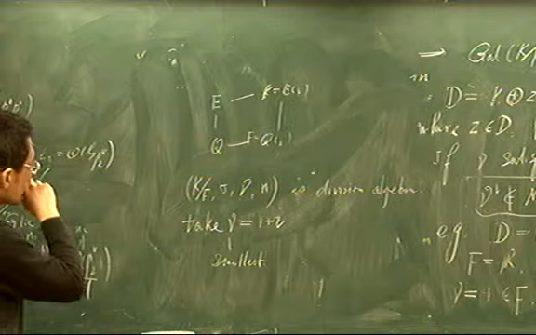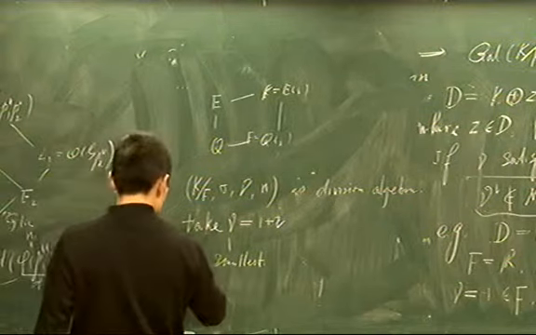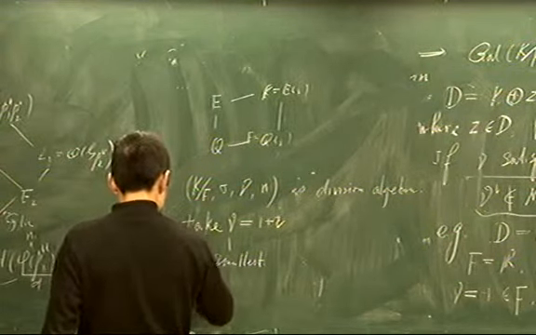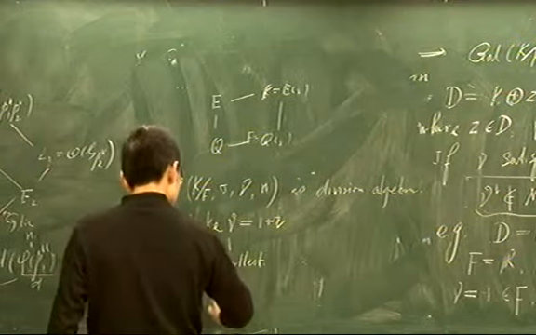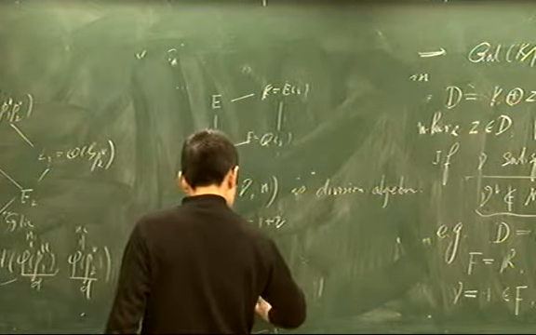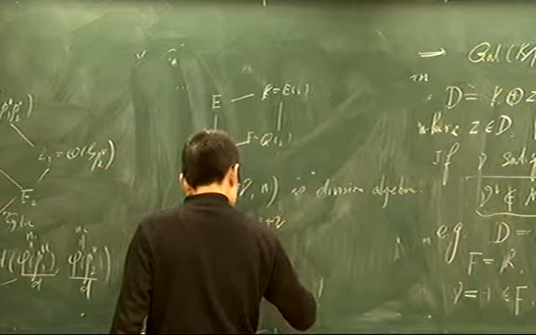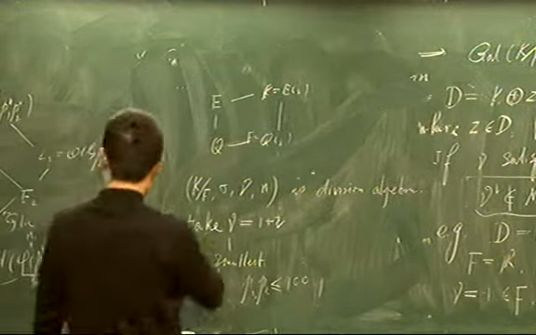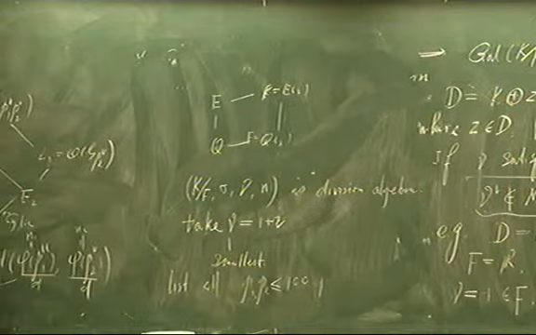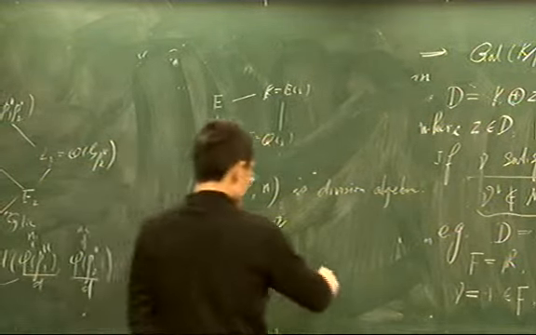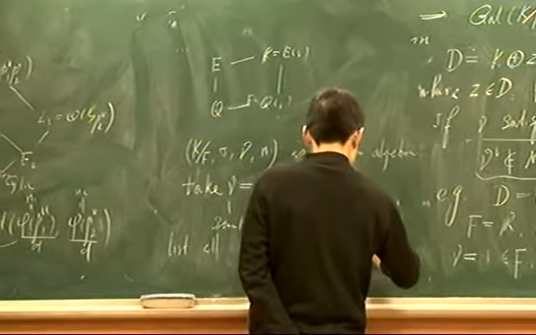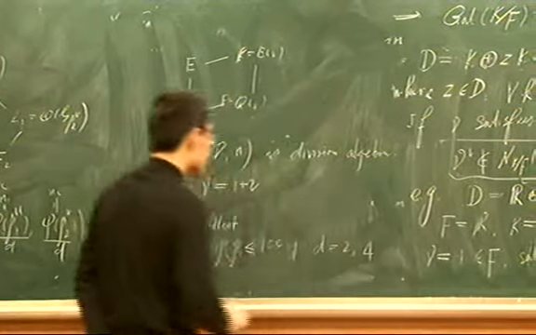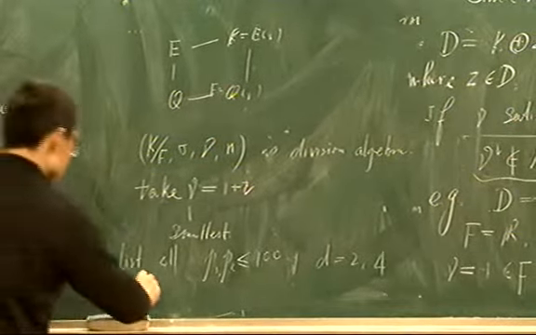So we can list all P1, P2 at most 100, and D is D. We can also take D equals 2, 4.